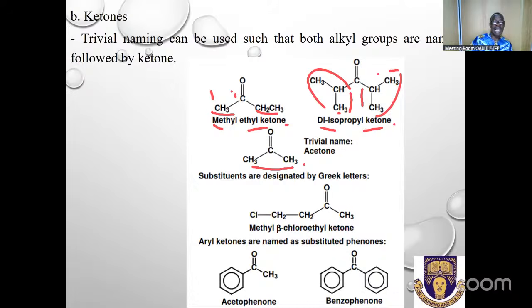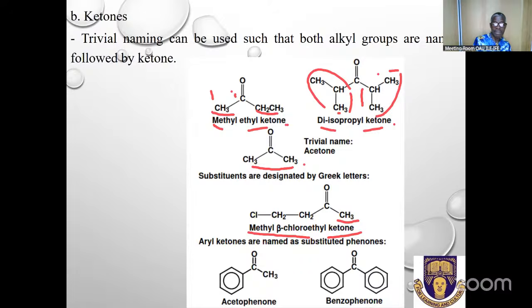Now, normally substituents are designated by Greek letters, and therefore for this one here, we have methyl beta chloroethyl ketone. Why is it beta?